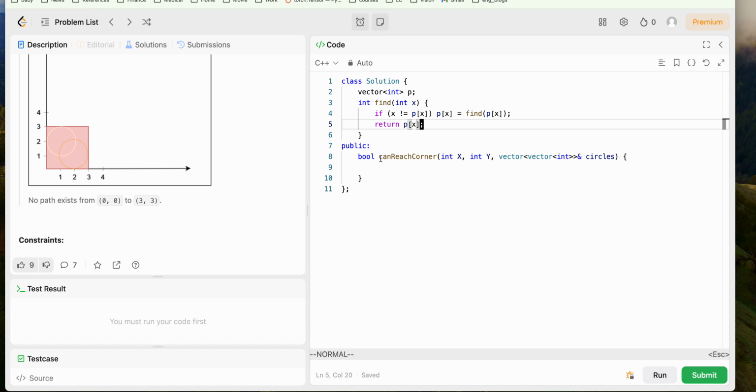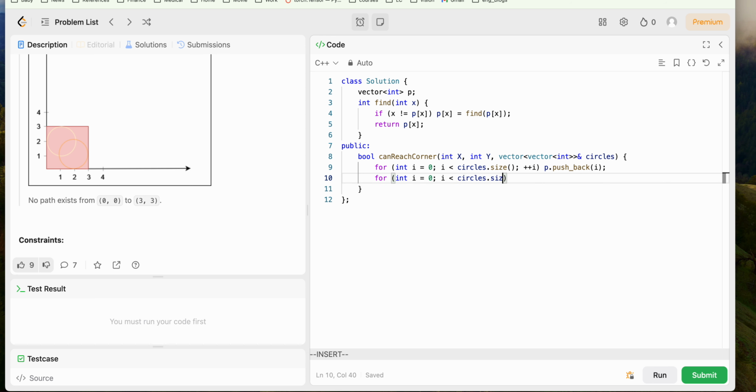You're supposed to remember this template and just write it very quickly during the actual contest. And for this one, we initialize all the p. Push back i, right?